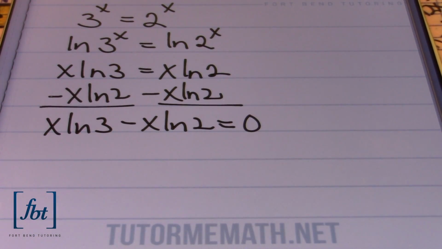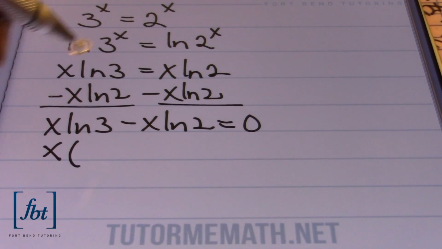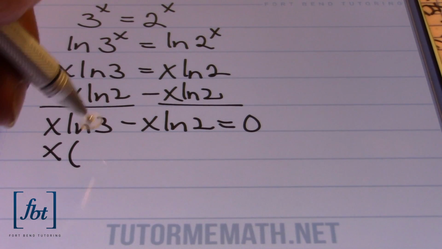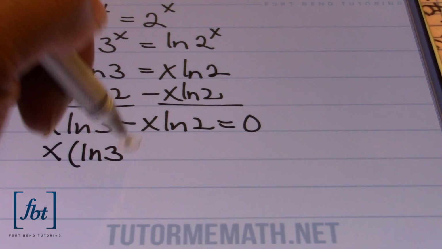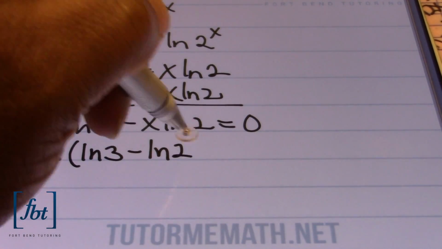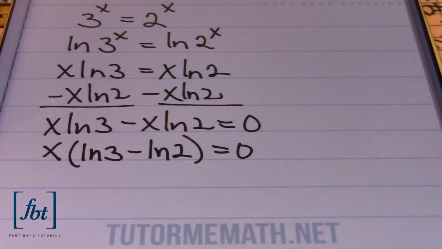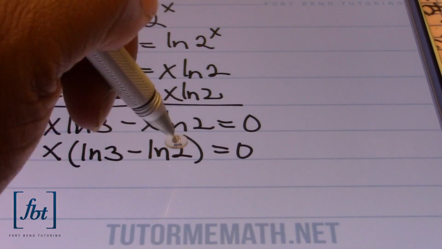Because these two terms both have my variable x, I will be factoring out the x. So this gives me x times the natural log of 3 minus the natural log of 2, which equals 0. From here, I'll be dividing both sides by the natural log of 3 minus the natural log of 2.